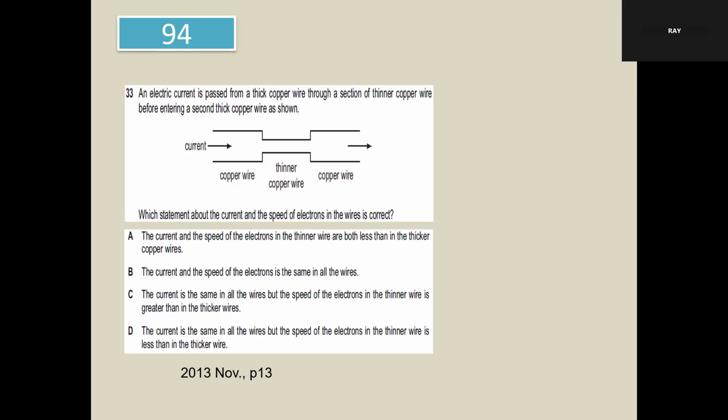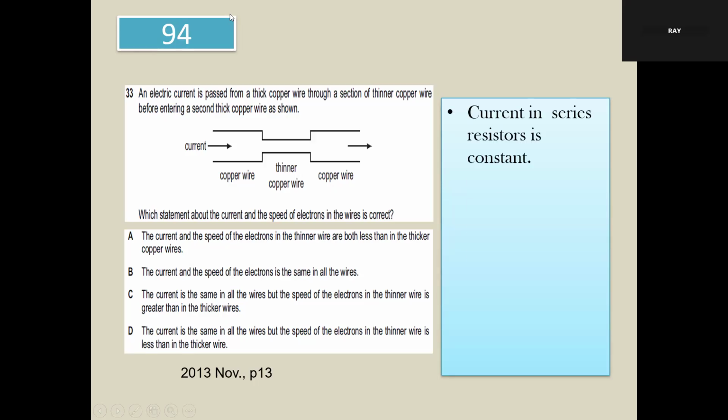Apply your knowledge. Resistors in series, the current in the resistor is the same. If it's in series, that's the first point to understand. Current in series is constant. Then apply this formula, I = nqAv, where n is the number per unit volume, q is the charge flowing, A is the cross-sectional area, and v is the average drift velocity. Since all of them are copper, n is the same, q is the same, constant.